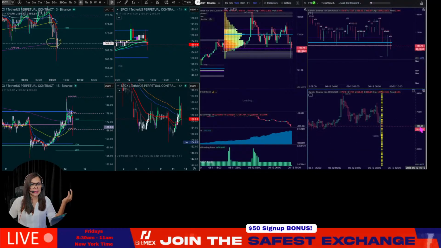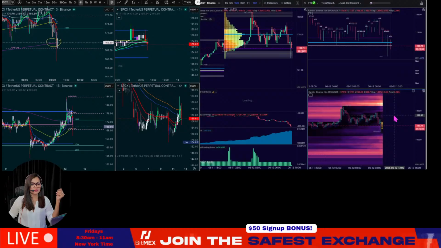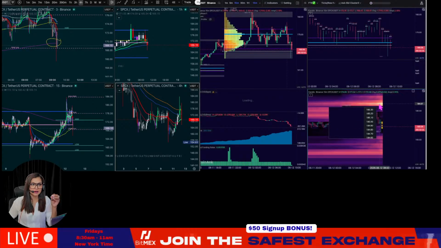And what's great about having the CoinAnk one is that it is incorporated with whatever coin that you're trading. So whether that be Bitcoin or the SPACEX IPO or whatever, you can see the liquidation areas, these hot areas. So the brighter the color, the more liquidation at that level, the higher the liquidation amount at that level.